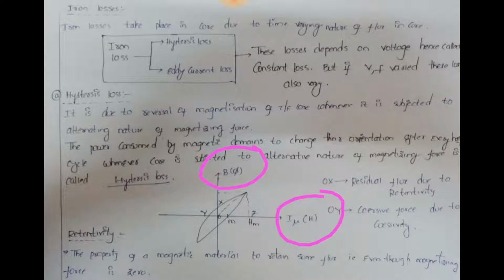This is positive Hm and this is negative Hm. Now this value of current required from 0 to m to bring the flux from Y to 0. If you give a current from 0 to m, the flux will come from Y to 0. So this 0 to m is called the force due to residual flux.